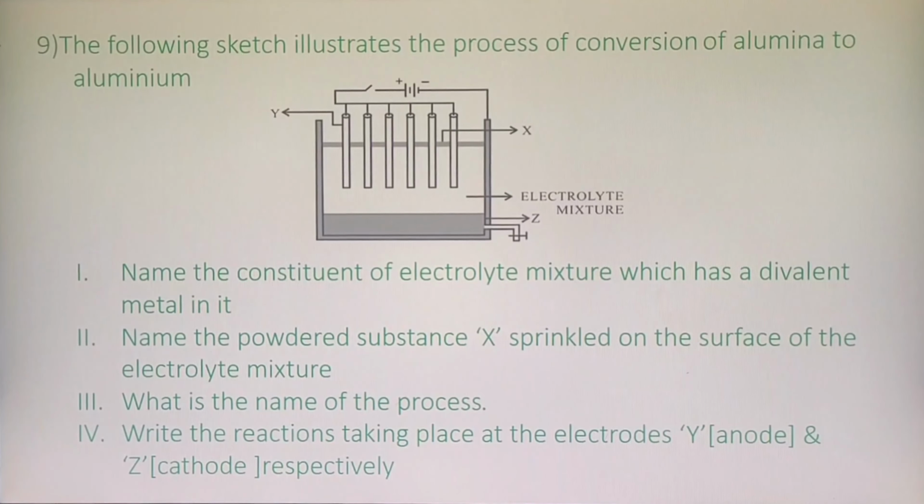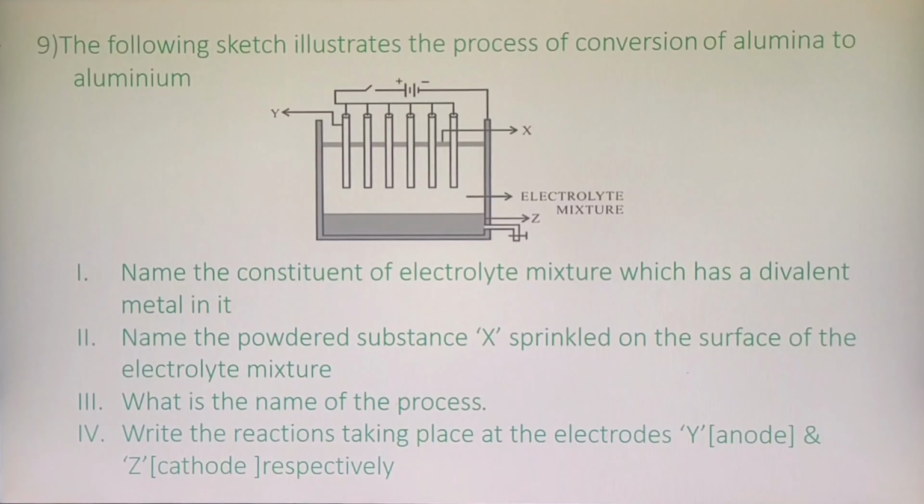Aluminium is trivalent. So which is the divalent metal here, children? The divalent metal here is calcium, or you can write it as Ca2+. Am I clear? These are the only two acceptable answers: either calcium or Ca2+.